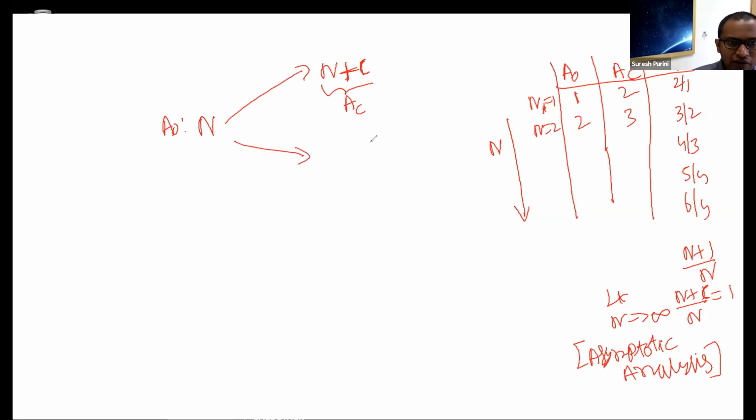But let's say you have another algorithm which takes kn time. Let's call it the algorithm A_k. If you consider the ratio between these, the limit as n tends to infinity of kn by n is equal to k.